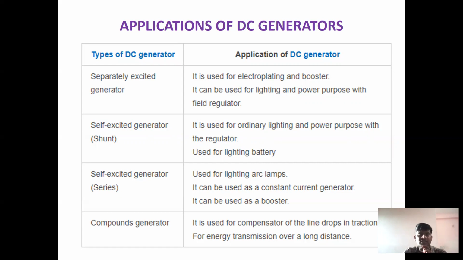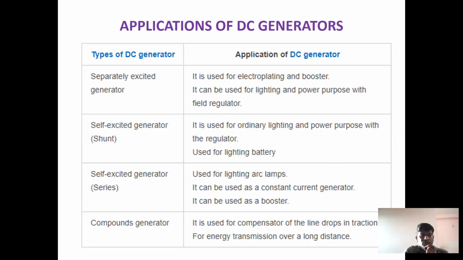Now we can see the applications of DC generators. We have two types, self-excited and separately excited DC generators. Suppose a generator is a separately excited generator. Where is it helpful, where do we need to use the separately excited generator?